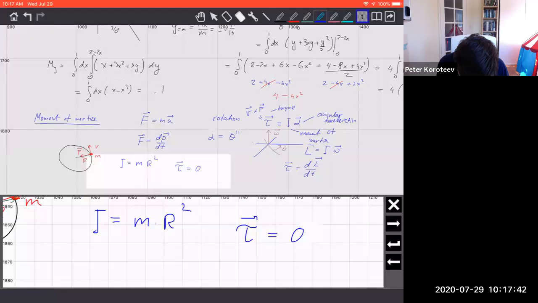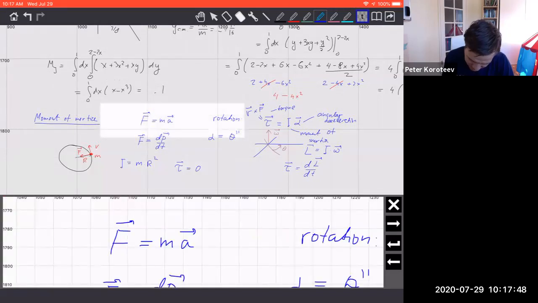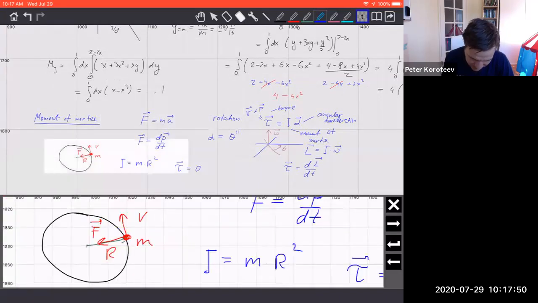What did I want to write? Oh yeah, I just wanted to show the analogy between this equation and this equation. Now let's say that the force is changing, so that you are applying some force to it, which changes in direction.